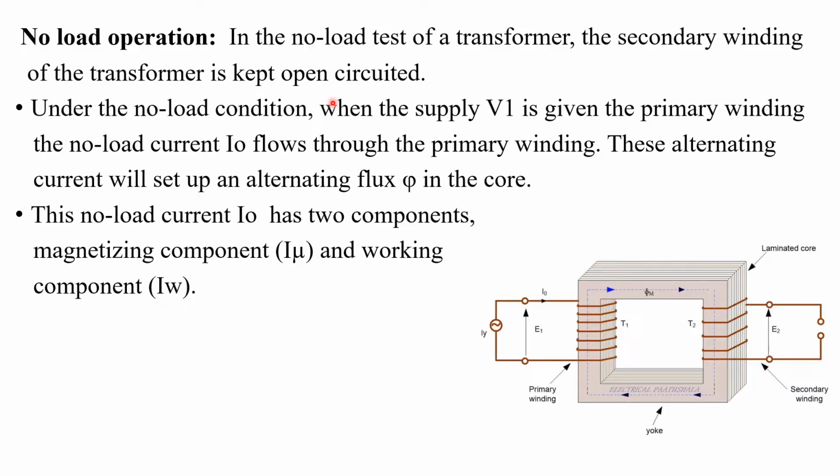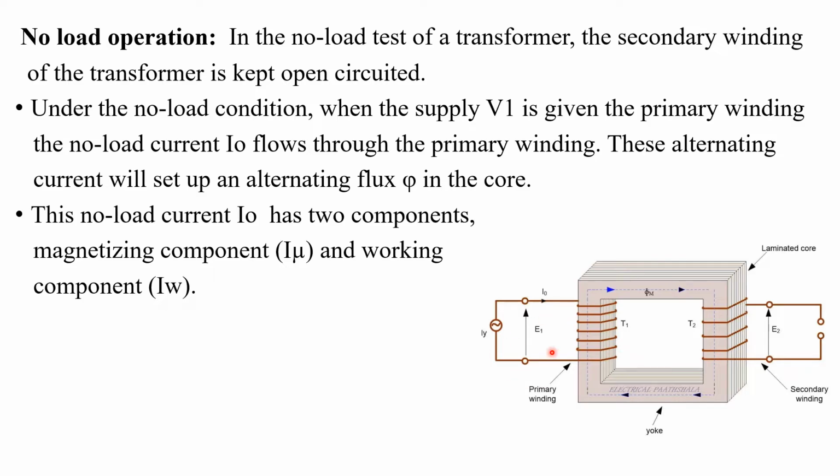In the no load condition or no load test of a transformer, we give input supply to the primary side and the secondary of the transformer is kept open circuited. Since the secondary is open circuited, no current will flow through the secondary winding. The current will only flow through the primary winding.